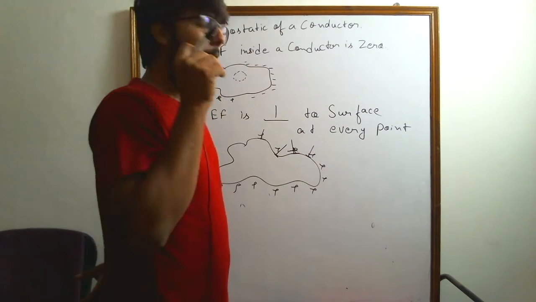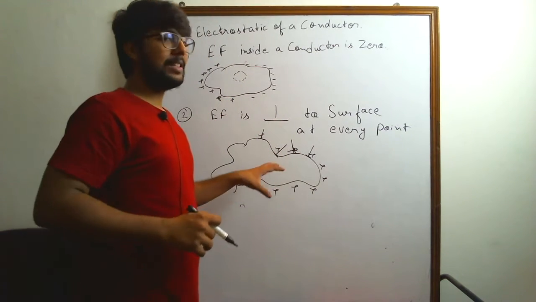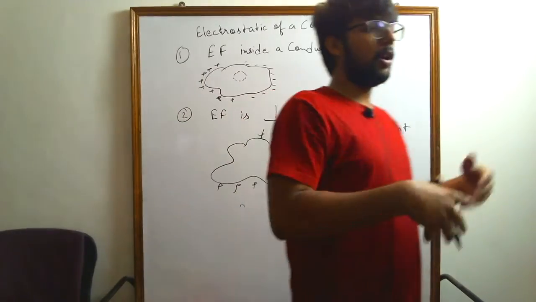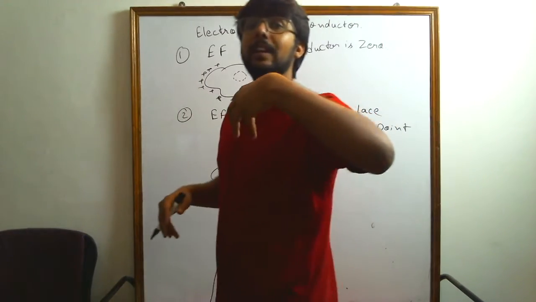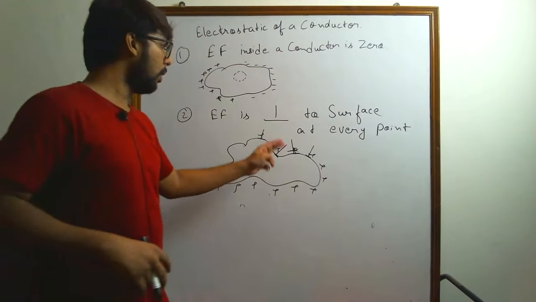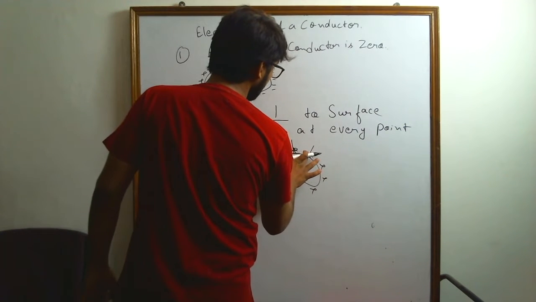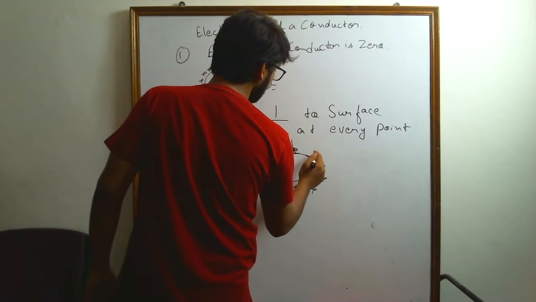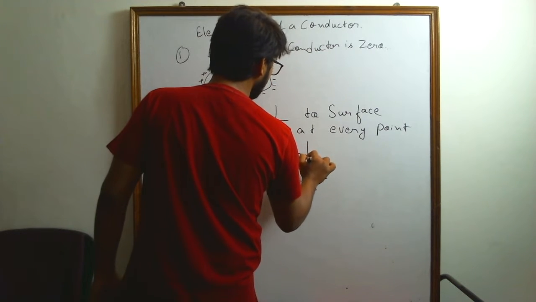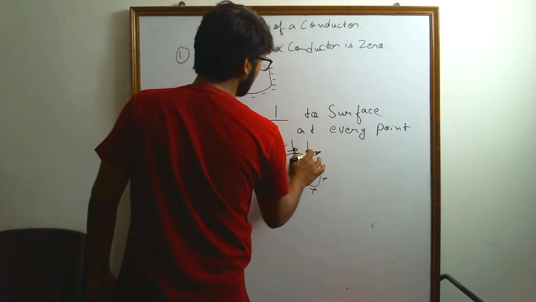Why is that? Because I can very easily prove this by using an opposite example. What if it wasn't perpendicular? Suppose here my electric field would have been this way.